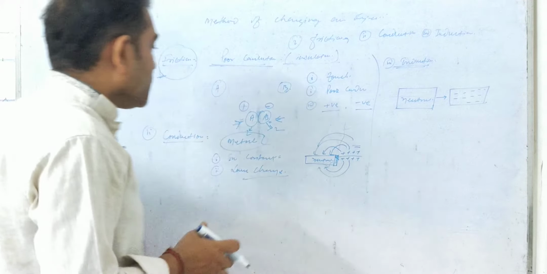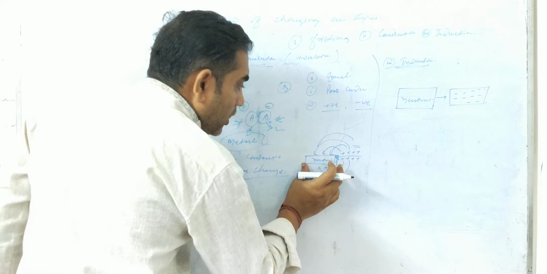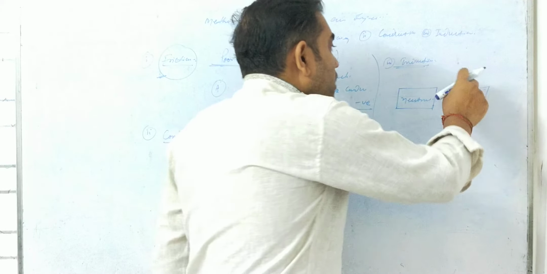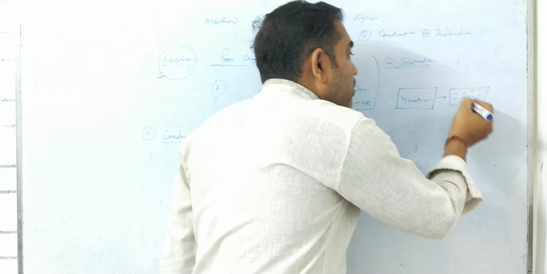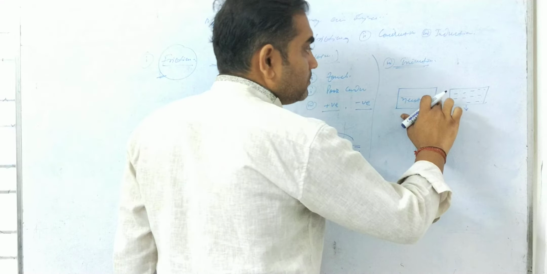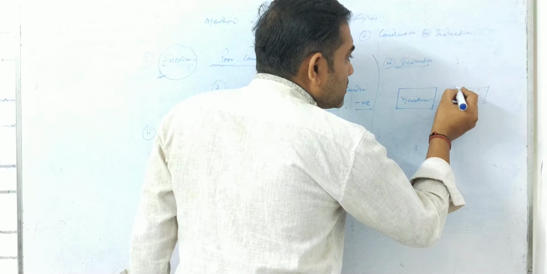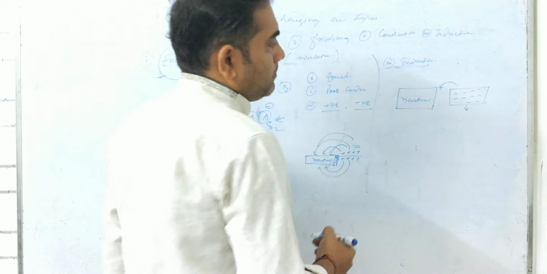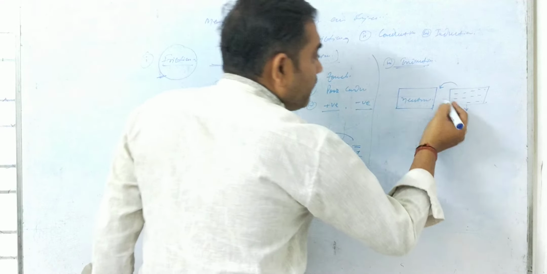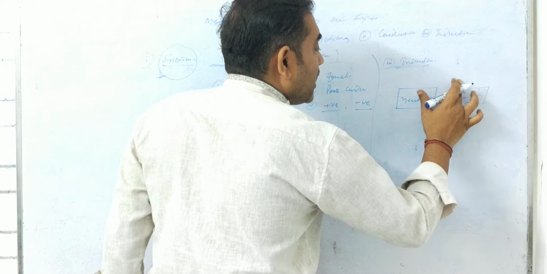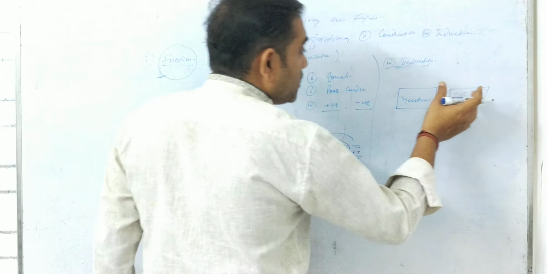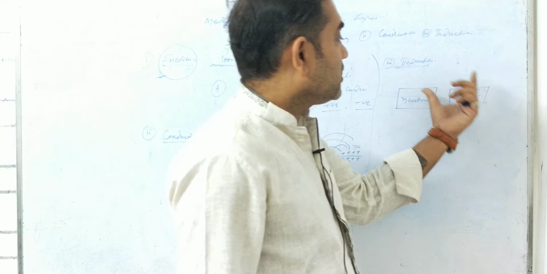In the method of conduction, we used to bring the charged object in contact with the neutral object, but in this method we will bring the charged object nearer to the neutral object, and while doing so, it will acquire some charge, but this time that charge will be completely opposite to the charged object that has been brought nearer to it.